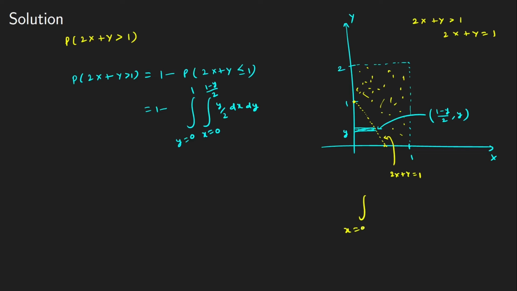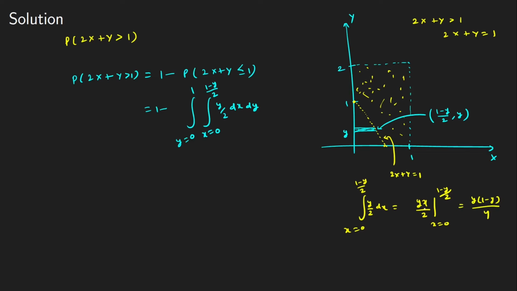So we have to integrate x from 0 to (1 minus y) by 2 of y by 2 dx. It can be written as yx by 2, with x from 0 to (1 minus y) by 2. So it will be y times (1 minus y) by 4.